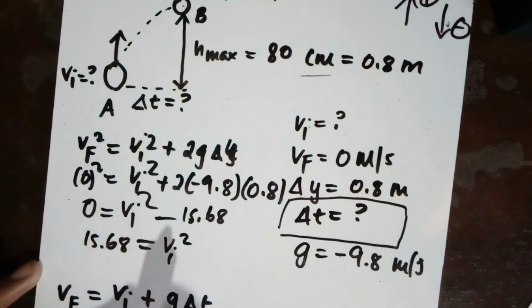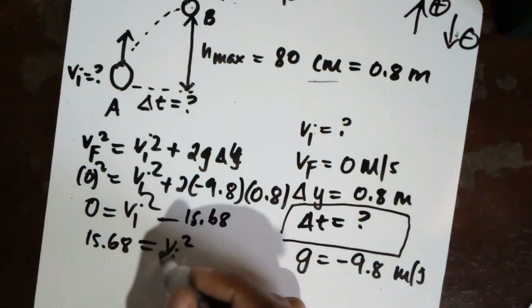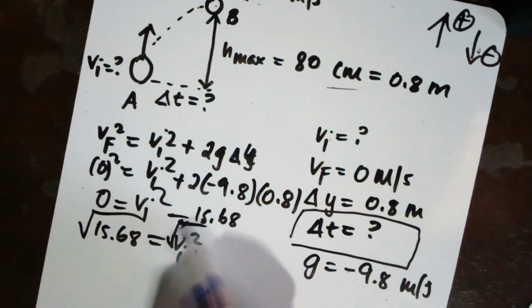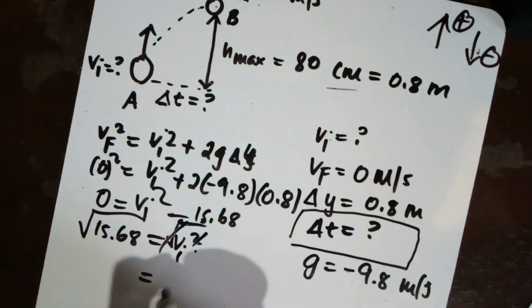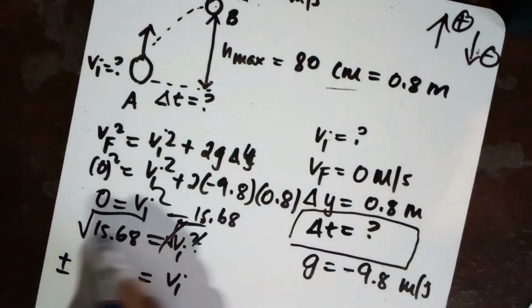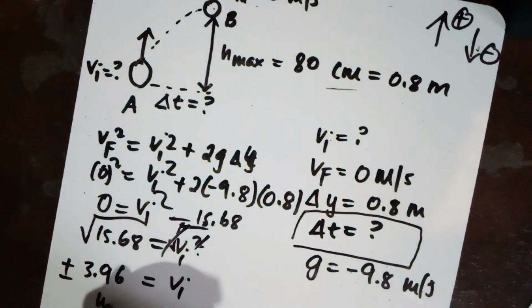Let me just wipe these equations. To remove the square, as we've always done, you simply introduce a square root on both sides. And then Vi is going to be plus or minus, because it's in a square root, about 3.96 meters per second.